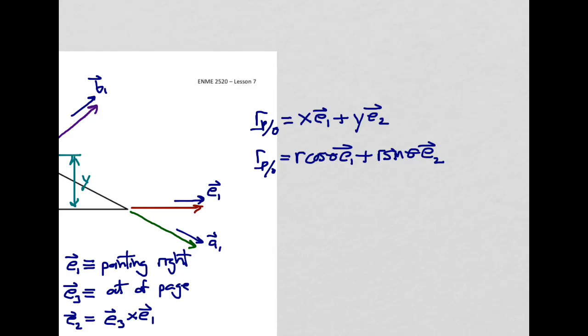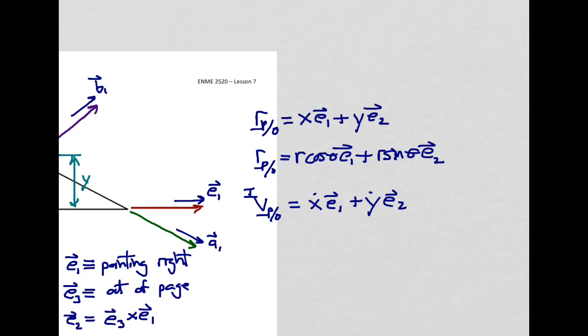And so we see it's easy to take the time derivative of these in the inertial reference frame because we're already in these bases E1, E2. And so what that looks like, if we're going to find the velocity, the velocity of P with respect to O in the inertial reference frame. In Cartesian coordinates, it's simply x dot in the E1 direction plus y dot in the E2 direction.